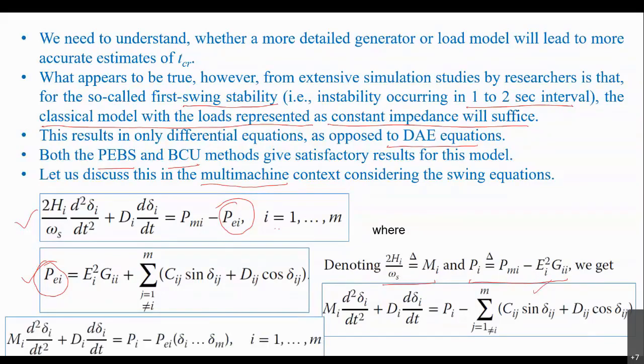And the final expression we get is Pi as a function of delta 1 to delta m. This is in fact given in the book by Ma and Pai. If you refer to section 6.6, that is the multi-machine classical model in Ma and Pai, the details are given. So briefly we will discuss here how the expressions are derived.